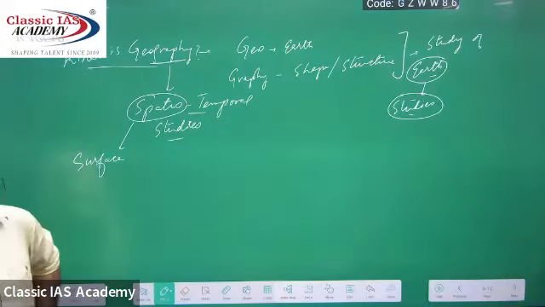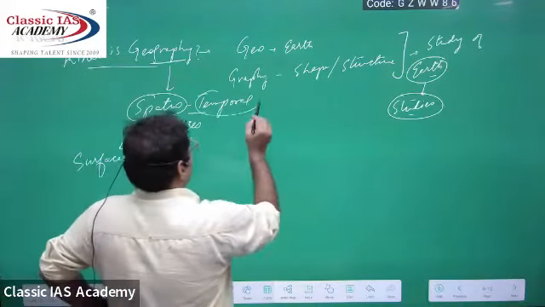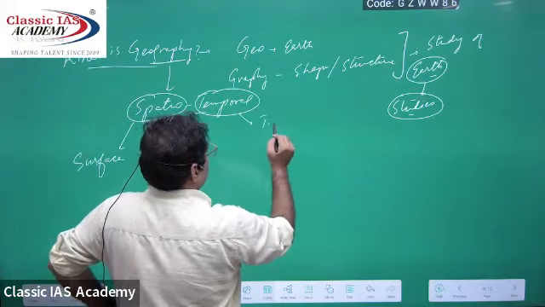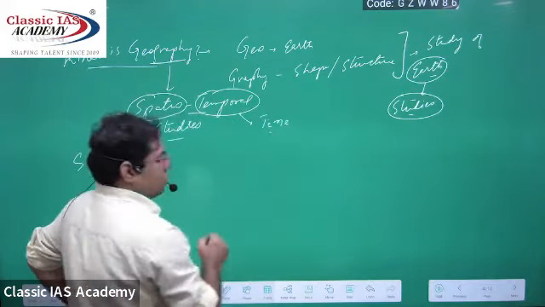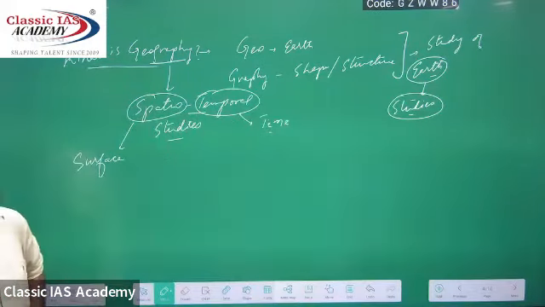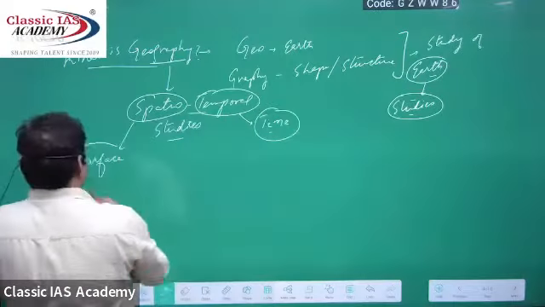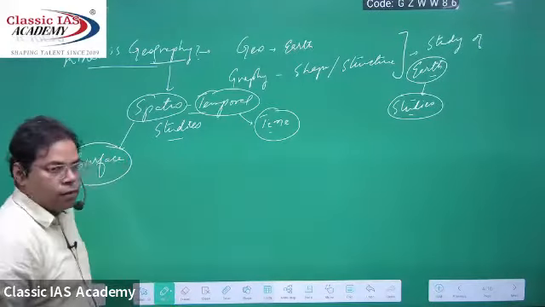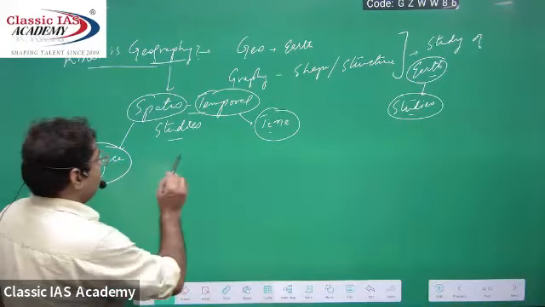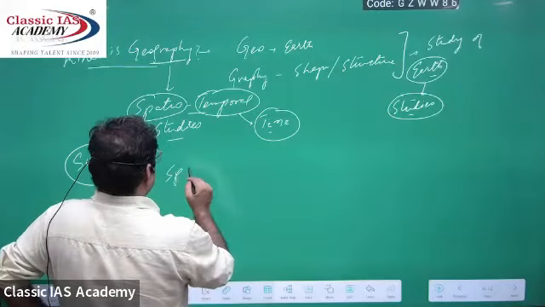Spatio means surface, and temporal means time. Whatever exists on the surface of the earth changes with time and space, right? So there is a relationship of spatio-temporal analysis.